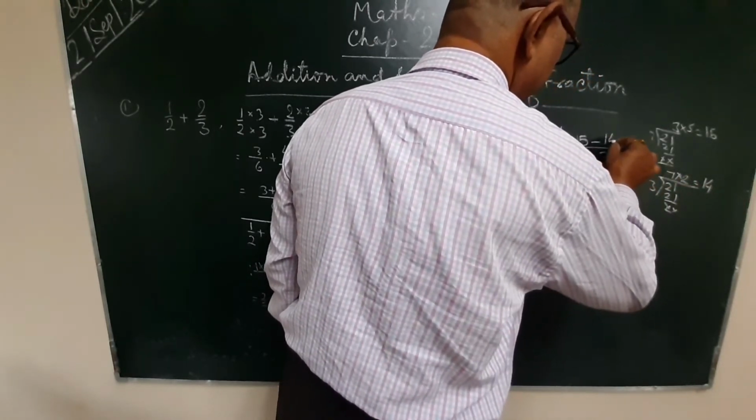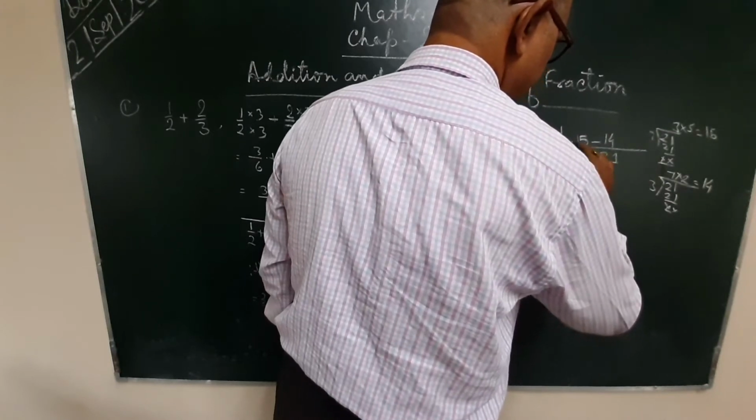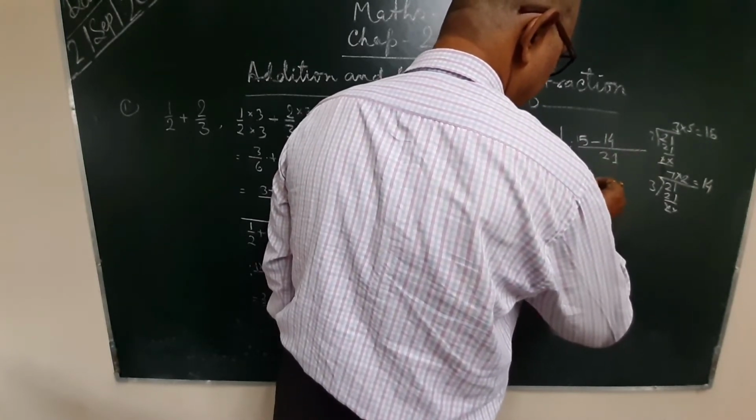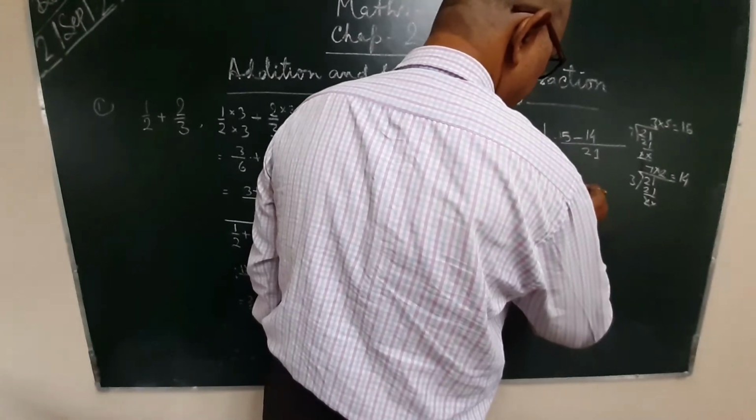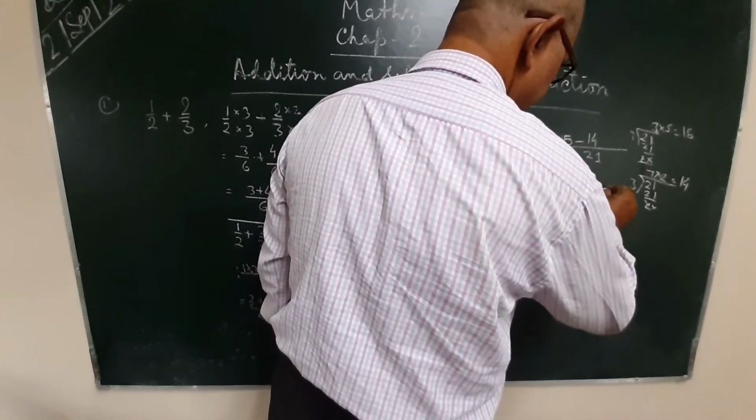We write here 14, equals 15 minus 14, 1 upon 21. That is the answer.